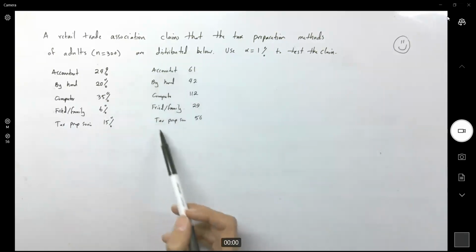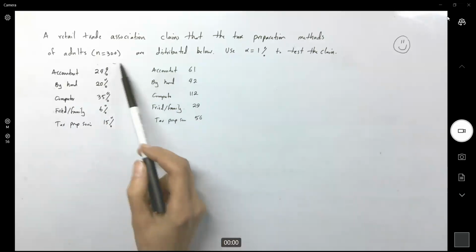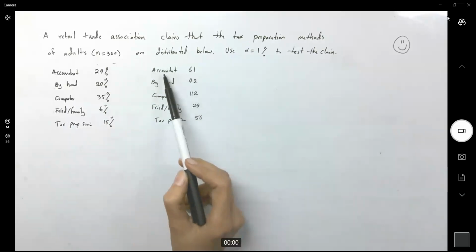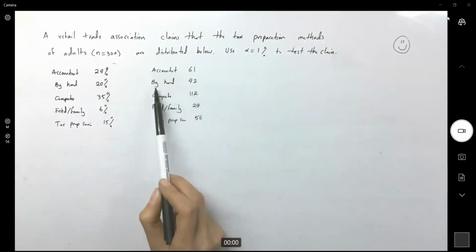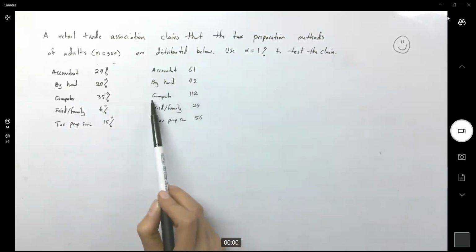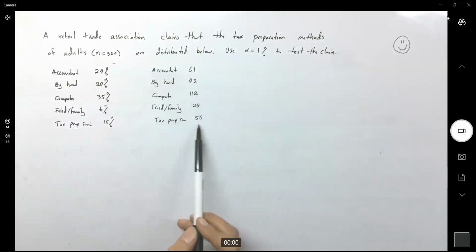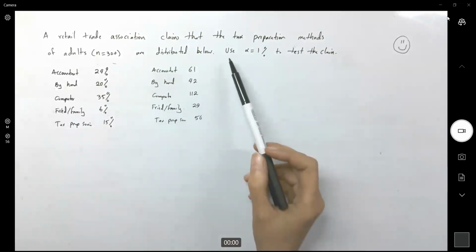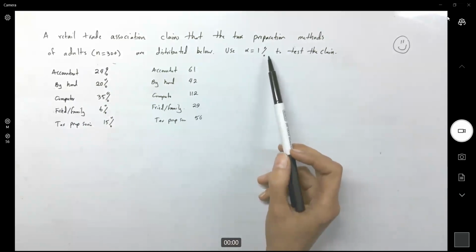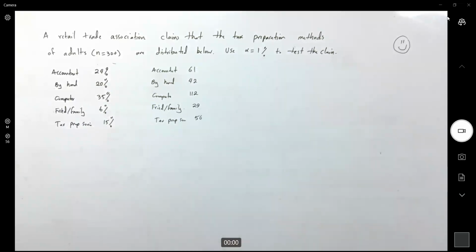And you have the frequency as well. Out of 300, 61 said accountants, 42 by hand, 112 computer, 29 friend and family, and 56 tax prep service. Use alpha equals 1% to test the claim.